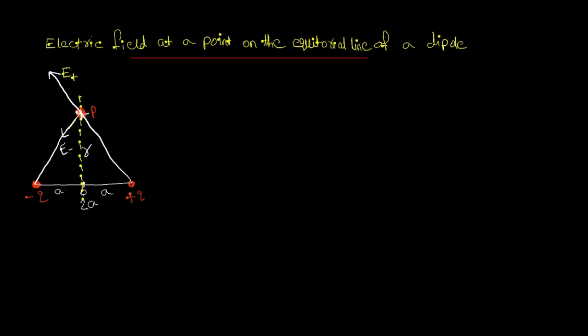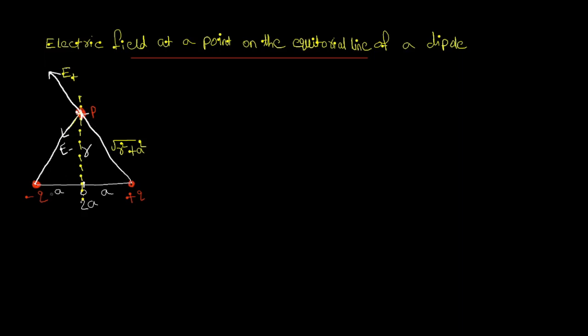Then the distance from the positive charge Q to P is root r square plus a square, because the distance from O to Q is a, and the distance from O to P is r. When we apply the Pythagoras theorem, the length of this hypotenuse, or distance from Q to P, is root r square plus a square.